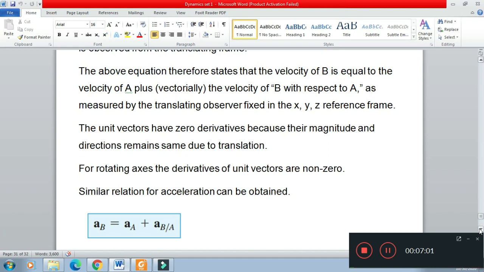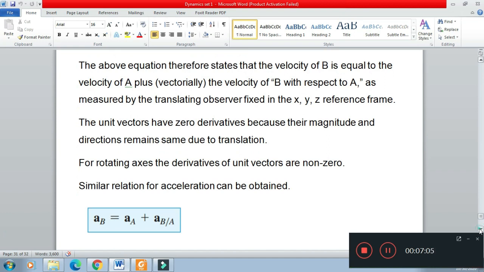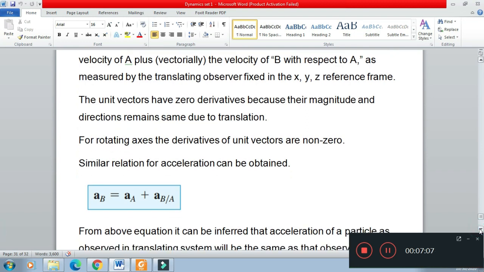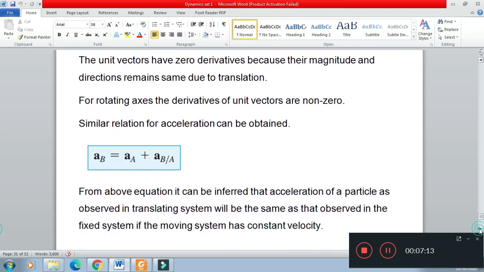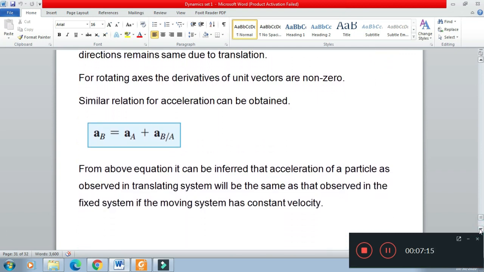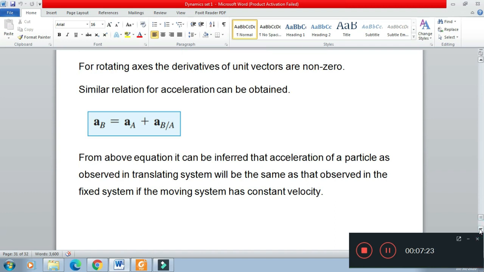For the rotating axis, the derivatives of unit vector are non-zero. So we will be considering the rotating axis in the future lectures, but for the present case, we get simply VB equal to VA plus VB slash A. Similarly, for acceleration, acceleration of B is equal to acceleration of A plus acceleration of B with respect to A.